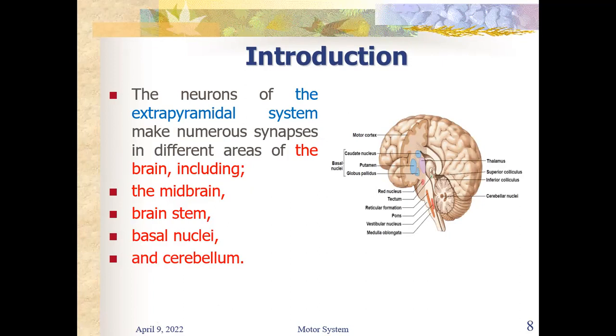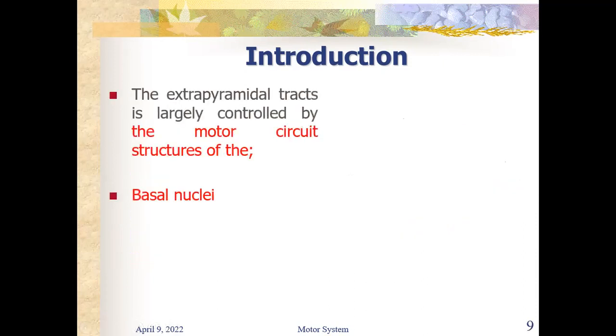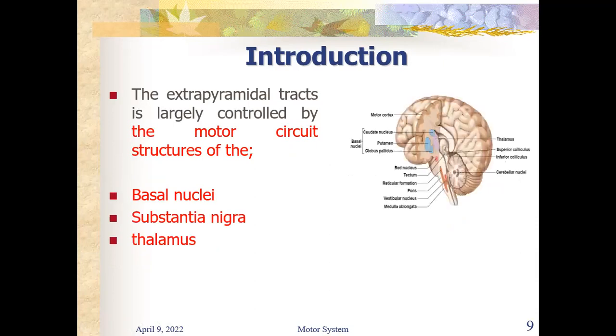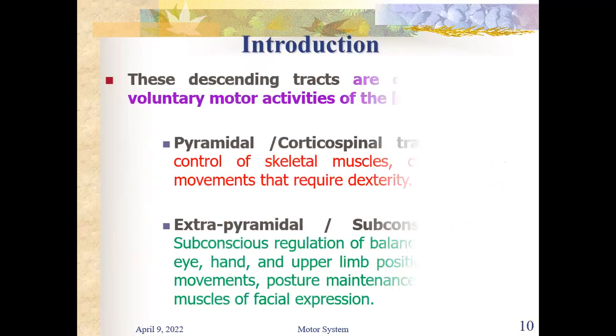The cerebellum also sends and receives connections with the nuclei that give rise to the extrapyramidal tracts. So, still on the introduction of the motor system, the extrapyramidal tracts are controlled by the basal ganglia, the thalamus, even the motor cortex, and the substantia nigra, which is located in the midbrain.